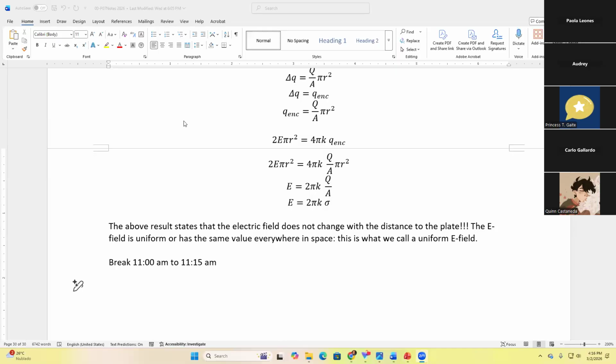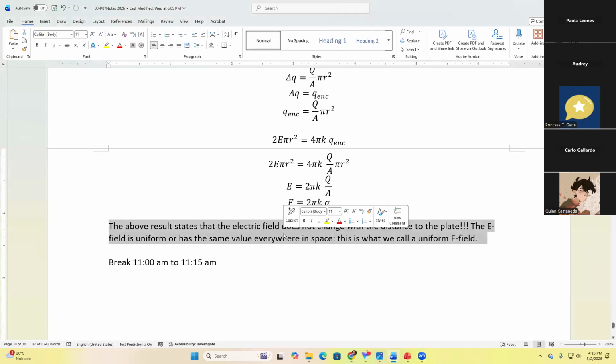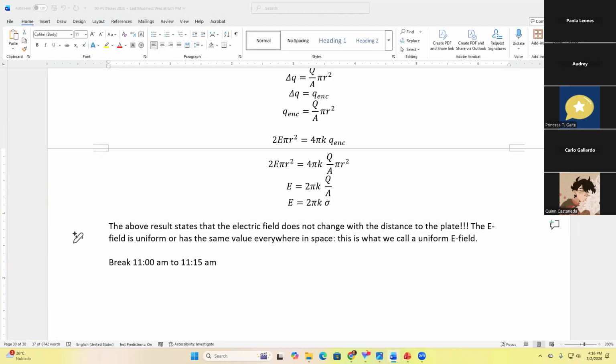Okay, we're back here, and that's how we use Gauss's law to calculate different charge distributions. Okay, and we can go another step here.